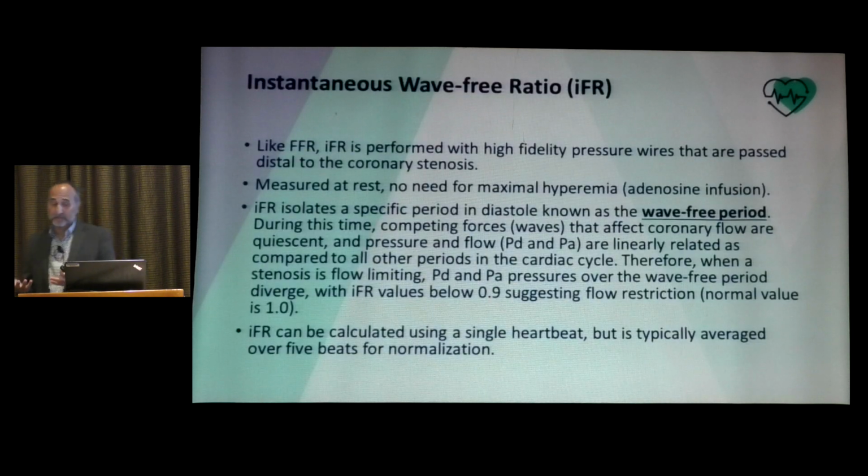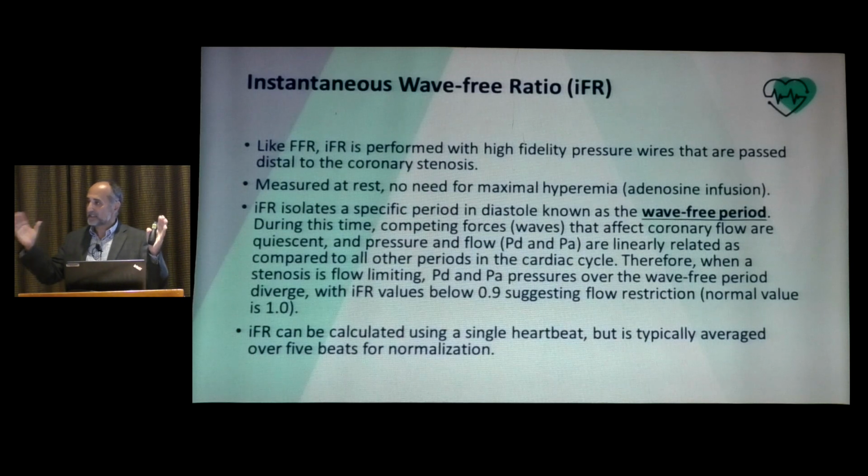So the alternative to that was iFR. iFR was introduced hoping to stay away from the problems that are associated with FFR. With iFR, instantaneous wave-free ratio, what they said is that there is a phase in the cardiac cycle where there is nothing happening.